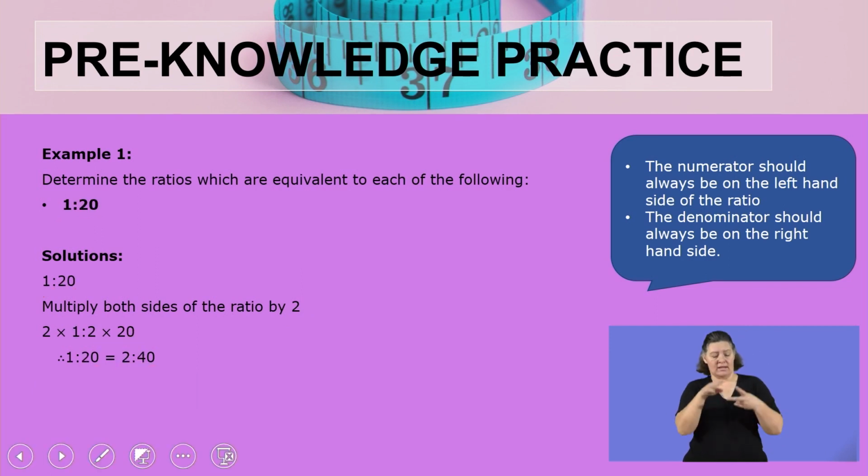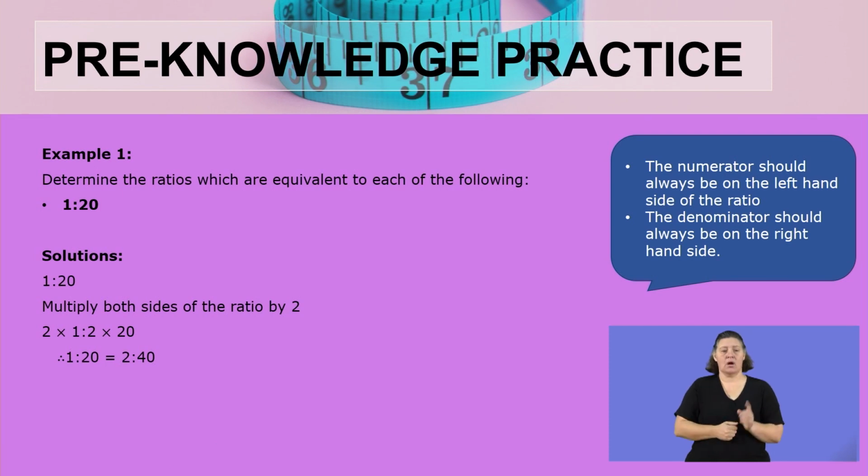Let us have a look at the second one. Determine the ratios which are equivalent to the following. 1:20. So, once more, we are multiplying this ratio by 2. We multiply the value on the left-hand side by 2, and 2 multiplied by 1, we get 2.